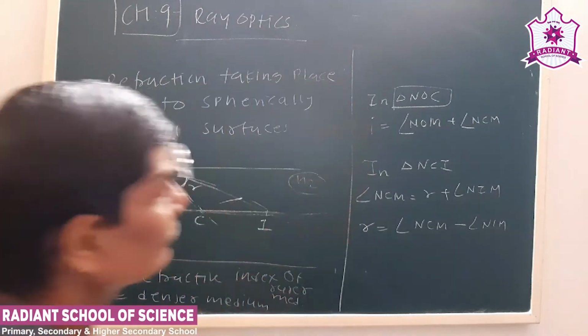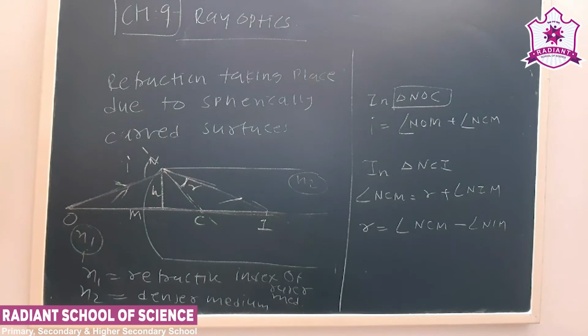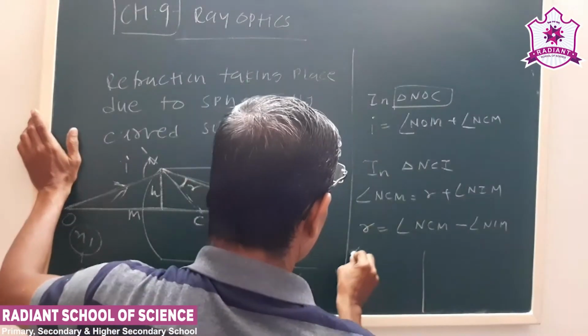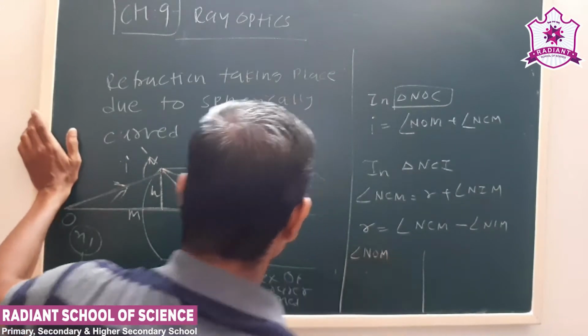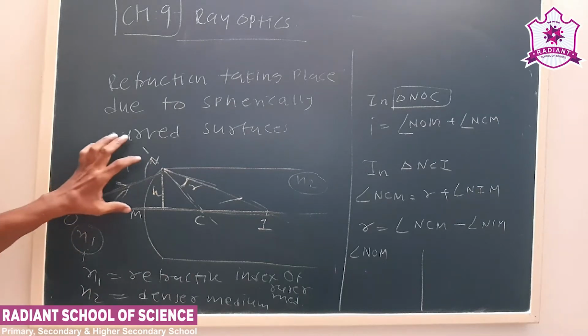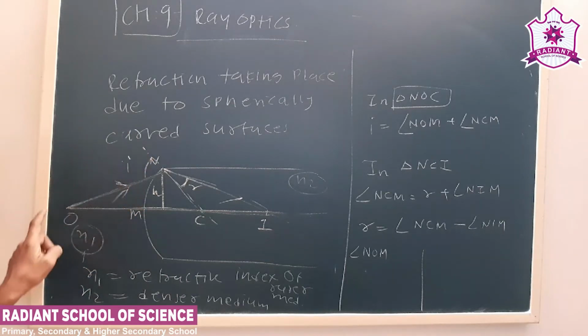First we write down the value of these angles. Angle NOM we can write as MN upon OM.